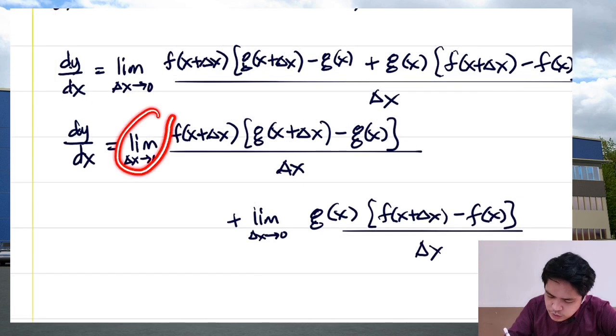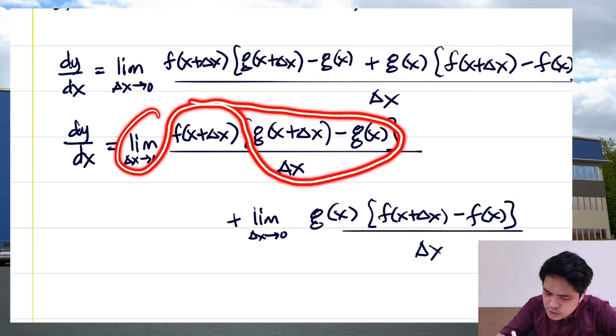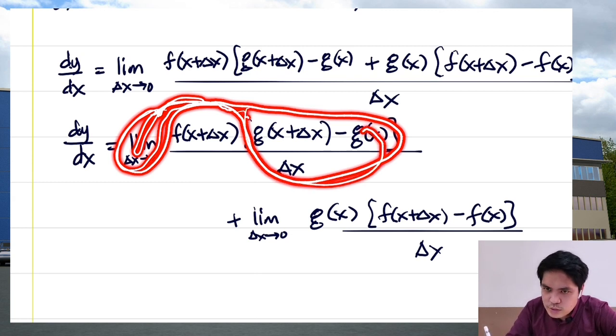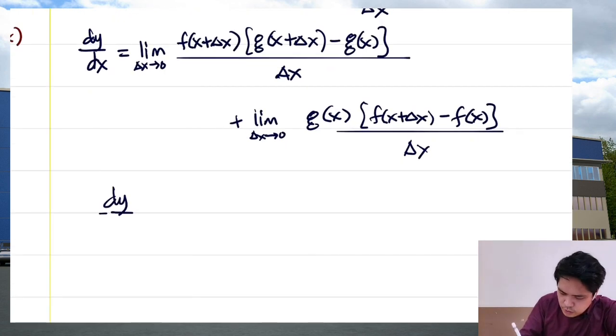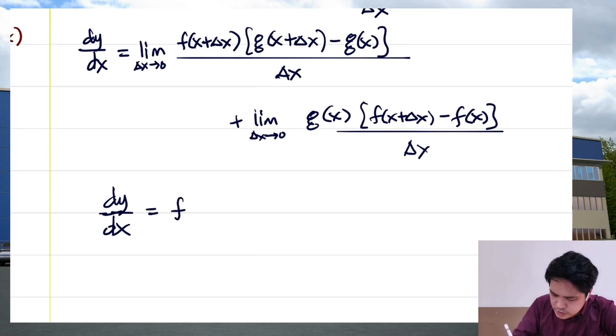So if we take a look at this, as delta x approaches 0, this is now the derivative of g of x. That is the derivative of g of x. And if delta x approaches 0, this will become just f of x. So therefore, we have dy over dx equal to f of x times the derivative of g of x.